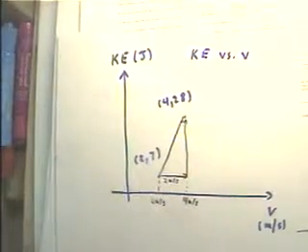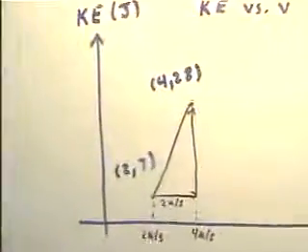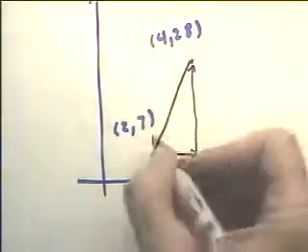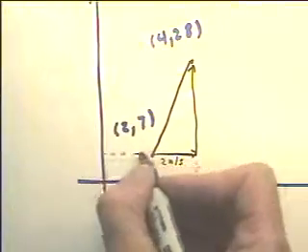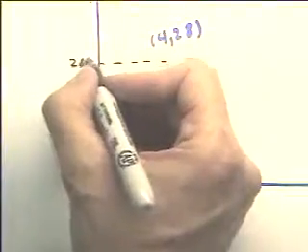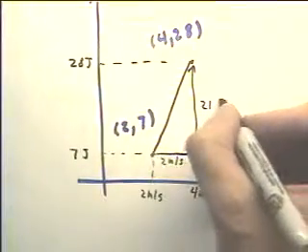And we have a rise. Let's zoom in a little bit here. Okay, we have a rise that goes from 7 joules to 28 joules. And that's a rise of 21 joules.